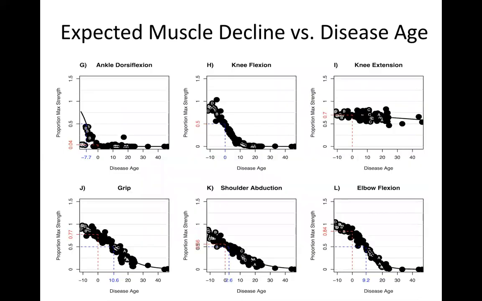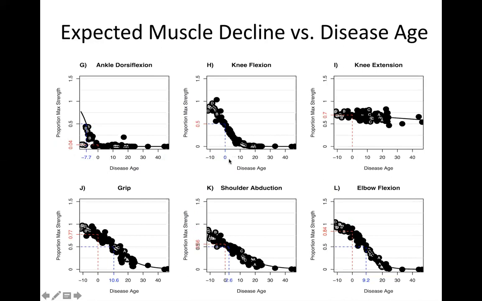So here now is a picture of each of the muscle groups relative to that latent disease age variable, estimated using all of the muscles in our joint model. And we can see several summaries here. The first is, what age do we expect each of these things? So sorry, let me back up one second.